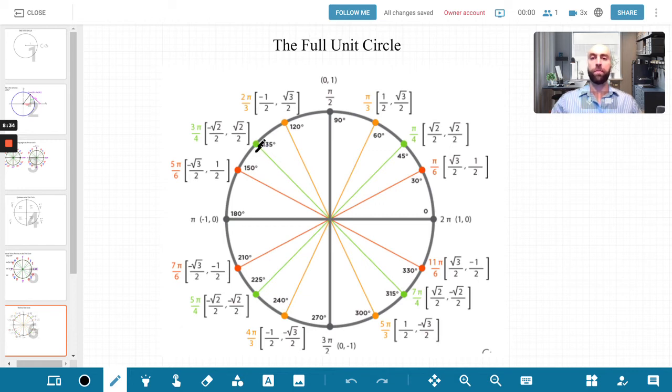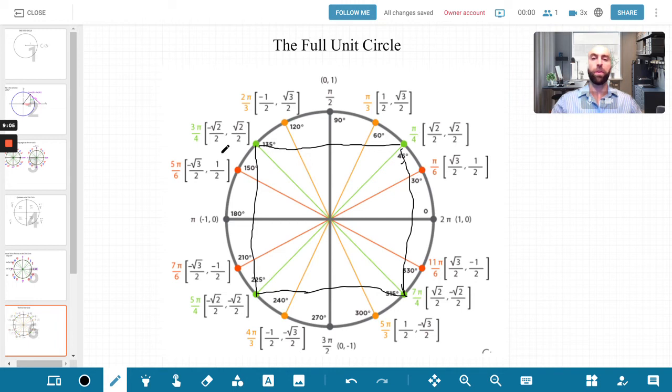Let's take the 45 degree angle and its corresponding angles as an example. If we go all the way to the 135, all the way down to the 225, over to the 315, and then back up to the 45, let's look at the values of those. All of the values are square root 2 over 2, but with different signs.